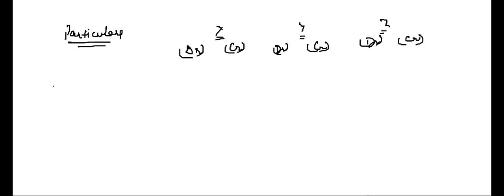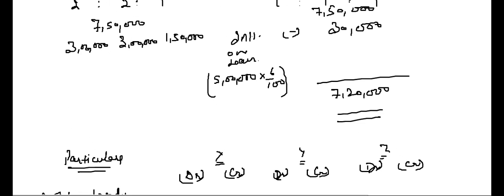Now first of all I will take the profits already credited to partners' capital. What are the profits that have already been credited?